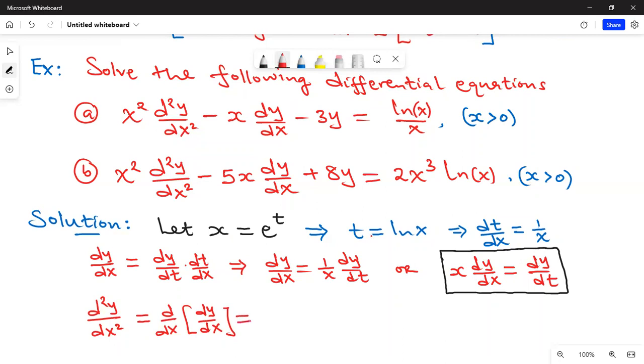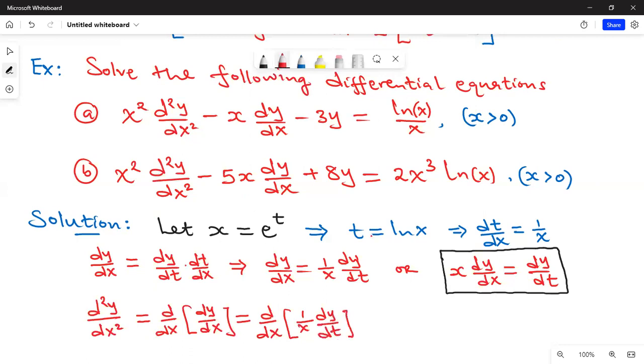So that's the same as the derivative with respect to x of 1 over x times dy dt.